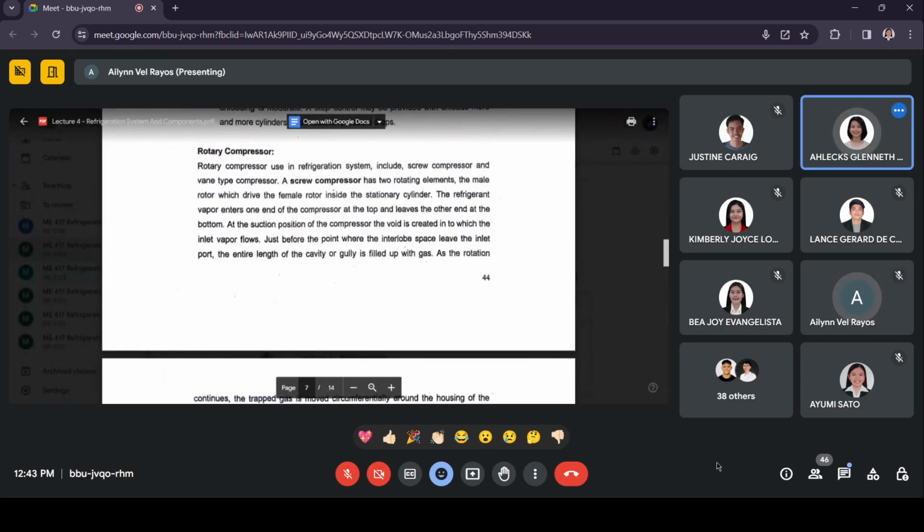Rotary compressor. Rotary compressors used in the refrigeration system include screw compressor and vane type compressor. A screw compressor has 2 rotating elements: the male rotor, which drives the female rotor inside the stationary cylinder. The refrigerant vapor enters one end of the compressor at the top and leaves the other end at the bottom.